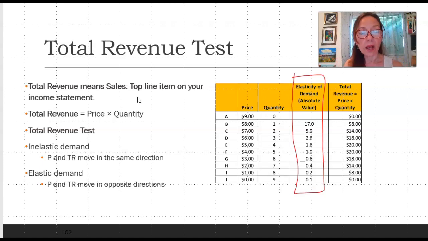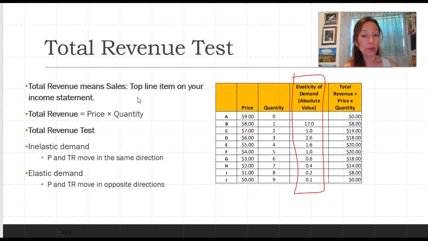This tells us that along our demand curve, we have different responsiveness to changing prices. The responsiveness of the consumer is going to depend upon where our pricing is. So elasticities tell us what might happen to our revenues. So let me backtrack and ask you, well, what is revenue?